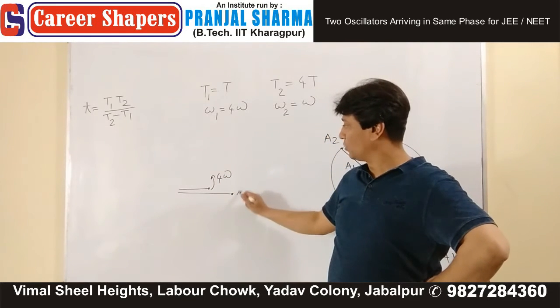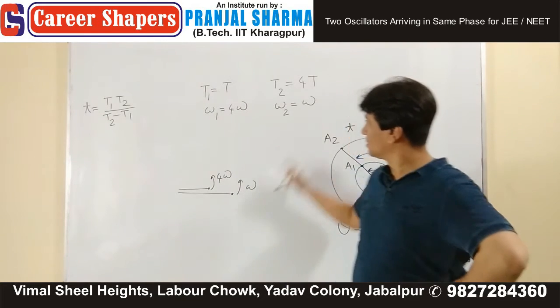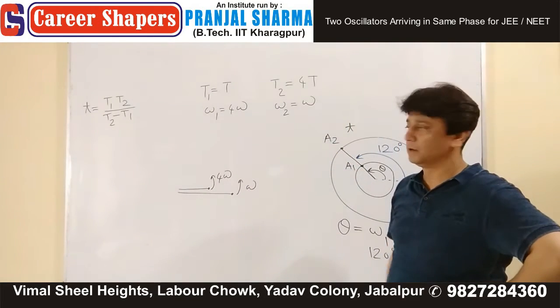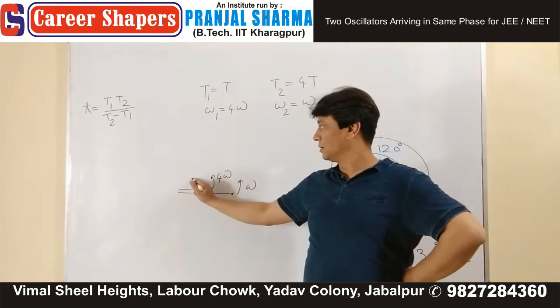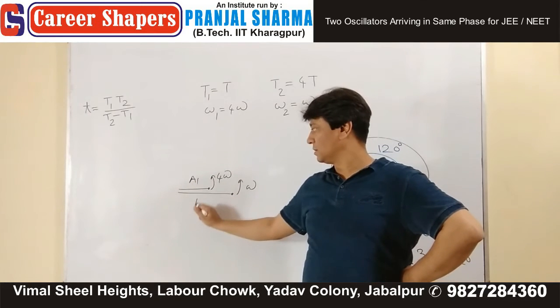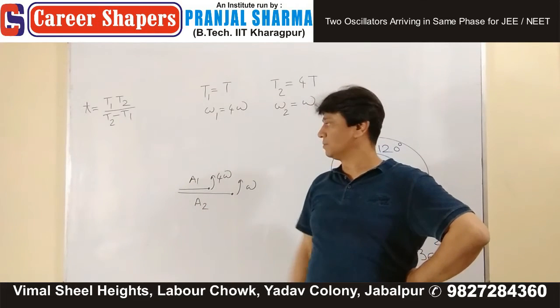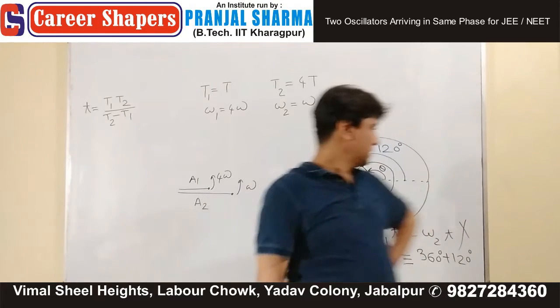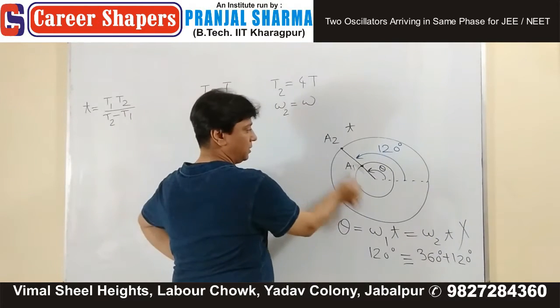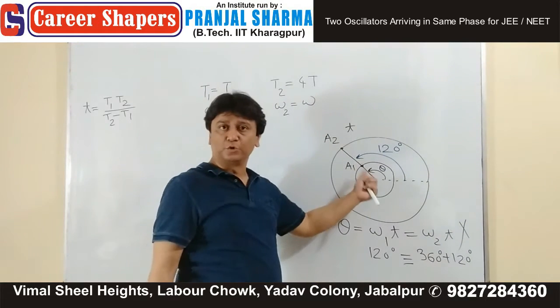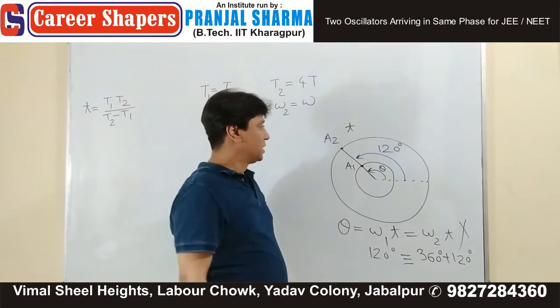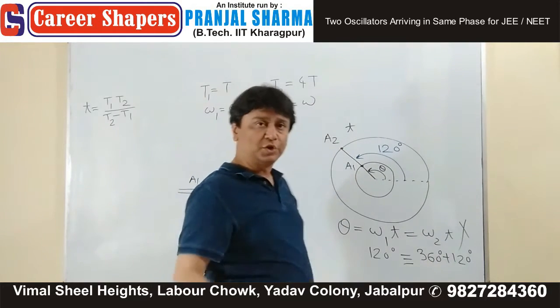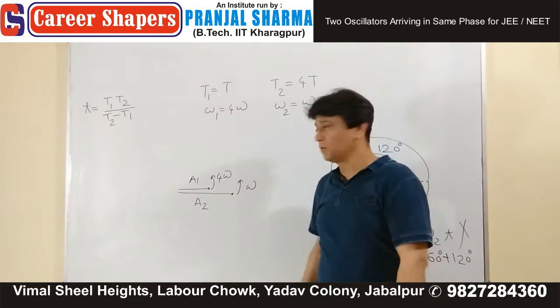This one is rotating with omega. A1 and A2. The question is, at what time will they both occupy the same position? If they both occupy the same position, we'll say that they are in the same phase.